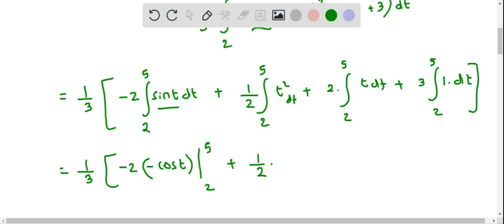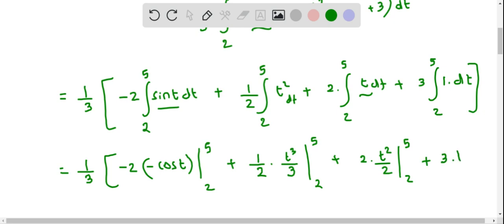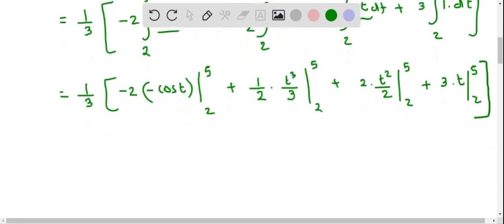In fact, the integral of t squared is t cubed divided by 3 when we use the power rule of integral, and this must be evaluated from 2 to 5. Likewise, here we have 2 times the integral of t is t squared divided by 2. This must be evaluated from 2 to 5, plus 3 times the integral of 1 is t. This also evaluate from 2 to 5. We close this bracket for the multiplier 1 by 3.